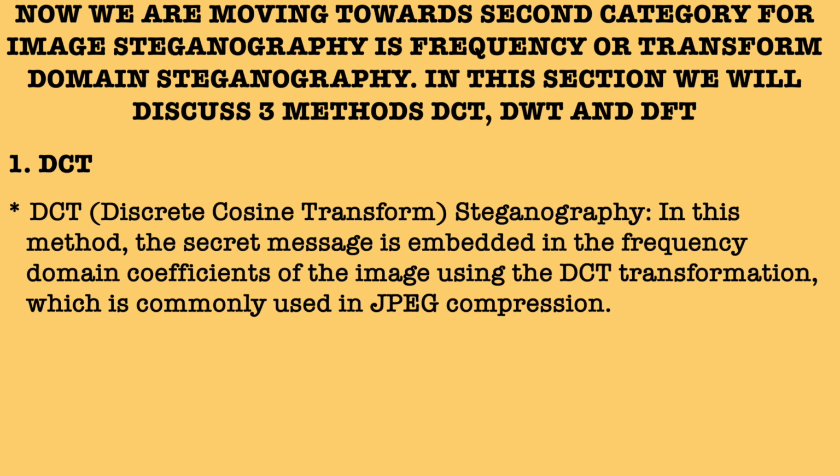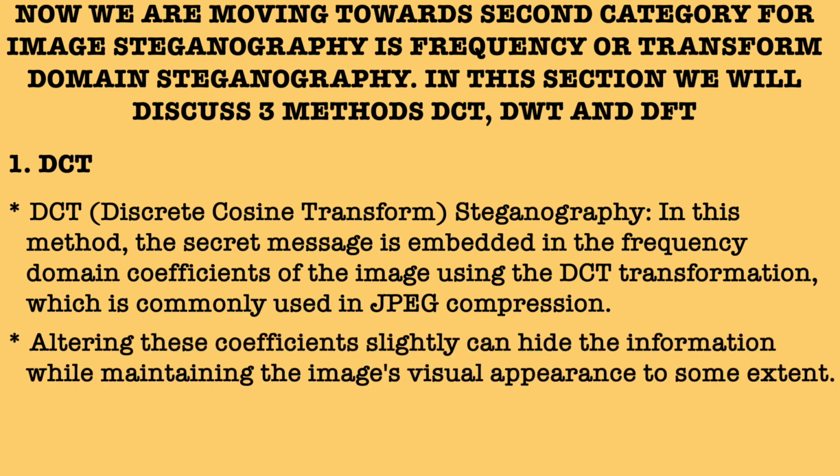In this method, the secret message is embedded in the frequency domain coefficients of the image using the DCT transformation, which is commonly used in JPEG compression techniques. Altering these coefficients slightly can hide the information while maintaining the image's visual appearance to some extent.